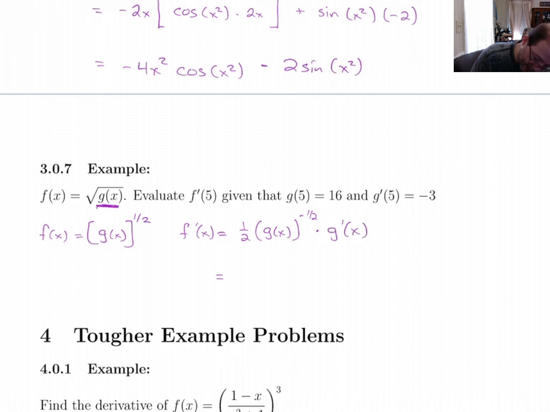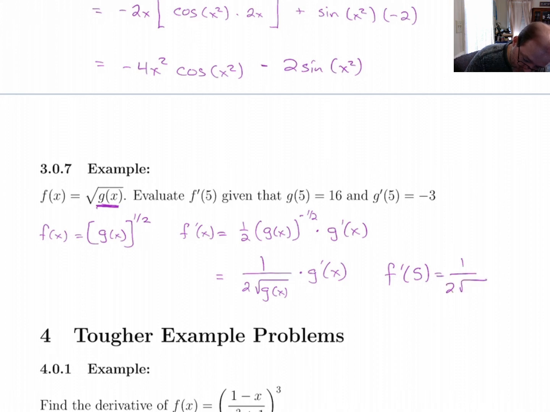And I can rewrite that as g prime of x over 2 root g of x. And I'm going to plug in 5 for x. So f prime of 5 is equal to g prime of 5 over 2 root g of 5.